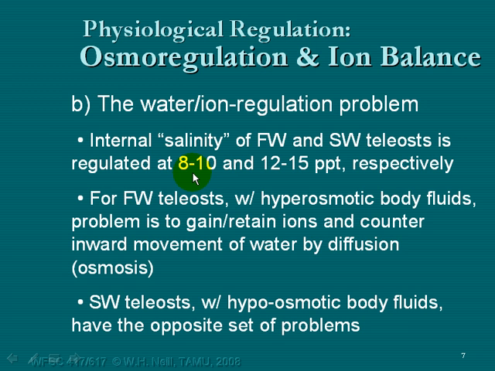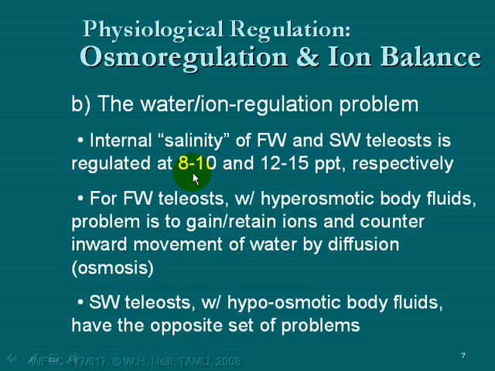The freshwater teleosts have blood plasma that's hyperosmotic relative to the water they live in, or the water is hypoosmotic relative to their blood. And so the problem they have is trying to scrub rare ions from the water and then keep them against the diffusion gradient for ions, and at the same time resist the diffusion in the opposite direction of water.